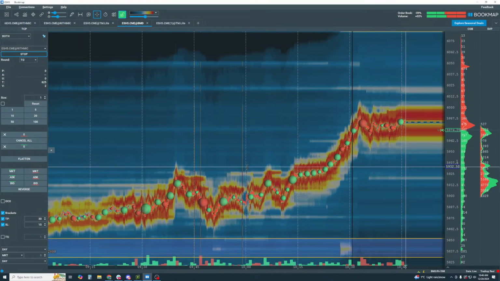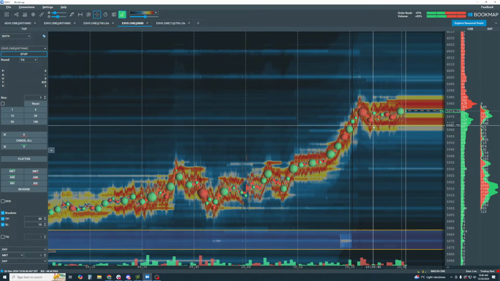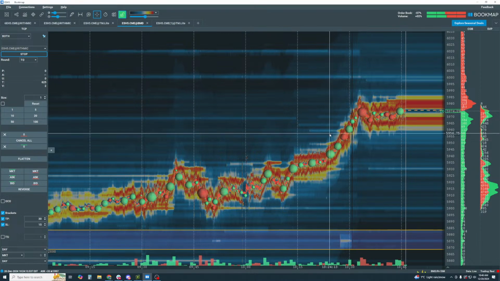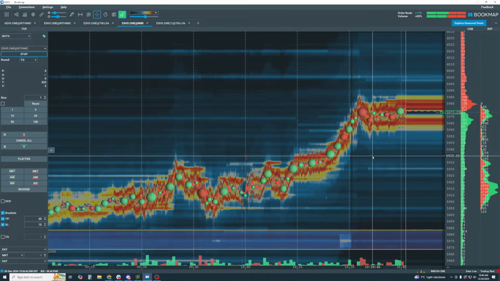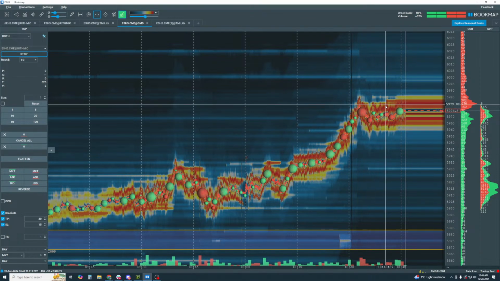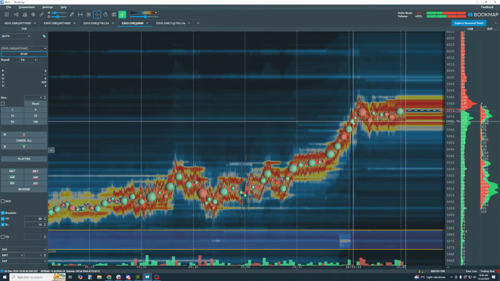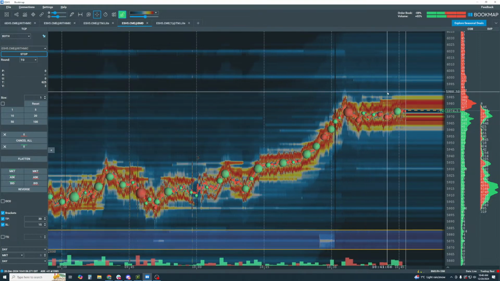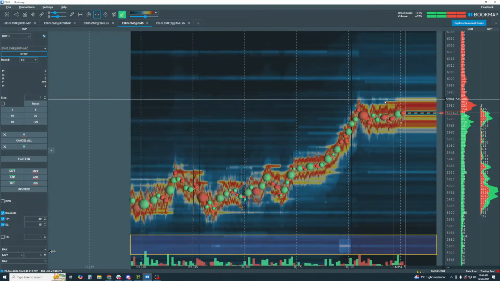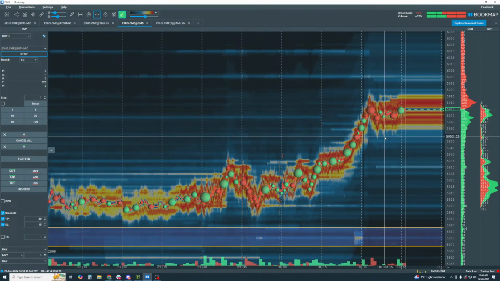This is the time of day. This is the pullback we were looking for. That's why we got out earlier, due to that potential pullback, and time of day and liquidity. But the structure is still bullish in here.